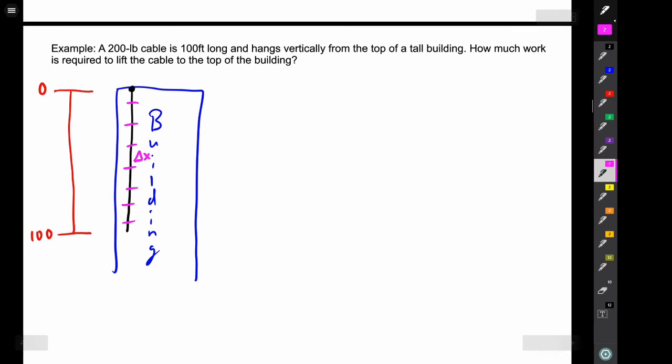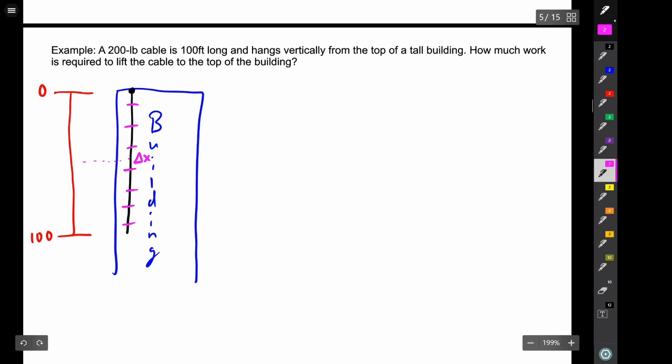Then somewhere along this length of cable, we're going to take a sample value and say, this small section of the cable, this is how far we have to pull it up the building.